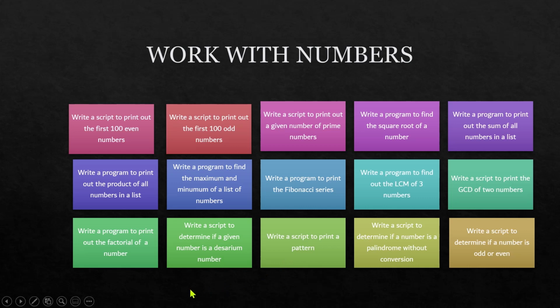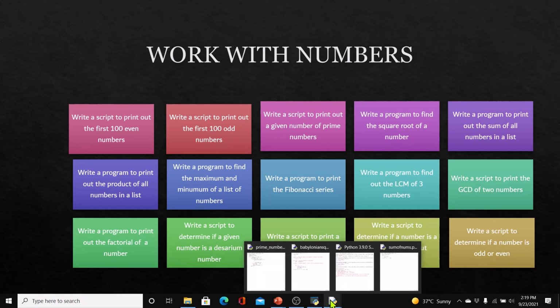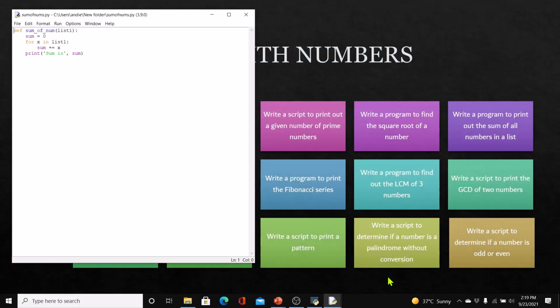Okay, so the next script is write a program to print out the product of all numbers, and that is the same as the previous one, right? So we can change this. First of all, we'll say prod of num, and now we'll have to say product, and we can't have it as 0 or then the result will be 0.